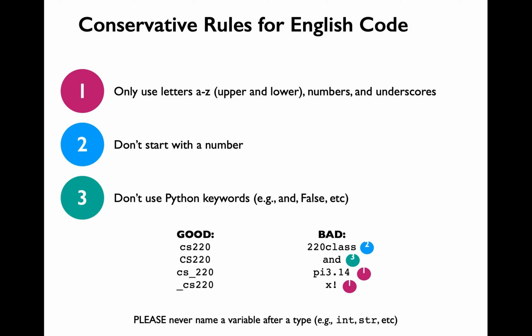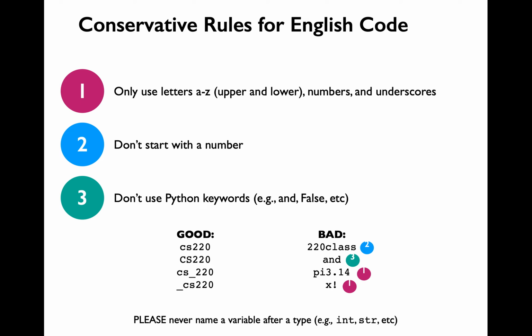There are certain words in Python which are not considered keywords but have special meaning. Examples of such words would be int, str, float, bool, list, class, and so on. You should never name your variable after such special words.